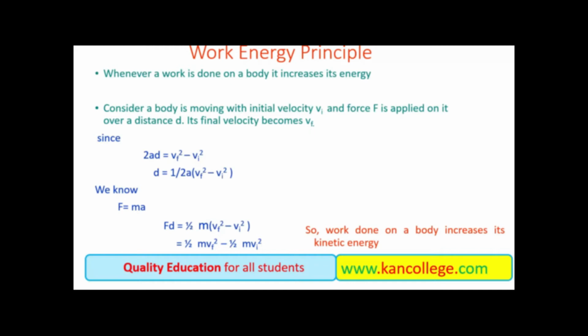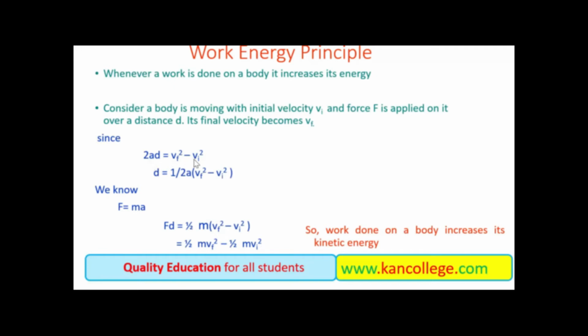When force is applied on a body, it pushes the body and accelerates it according to Newton's second law. It means velocity is increased. How much is velocity increased? Initial velocity was Vi, final velocity is Vf. And we have moved that body through a distance d.